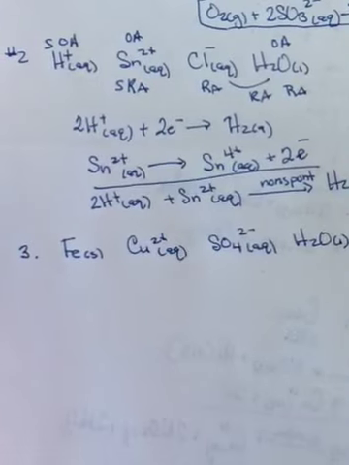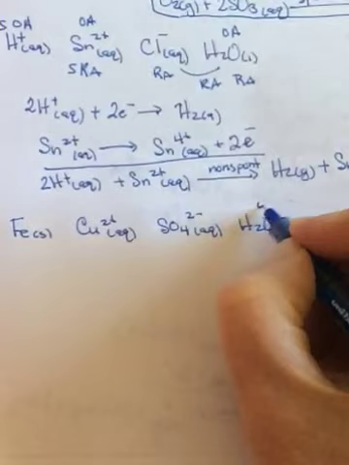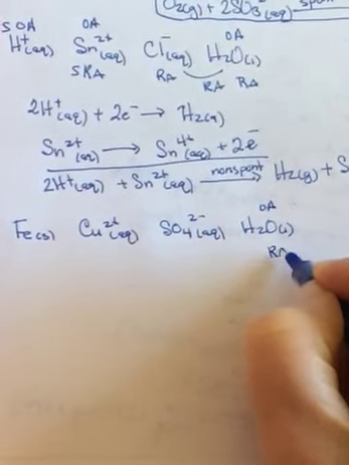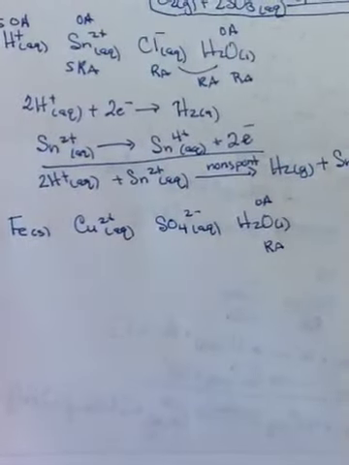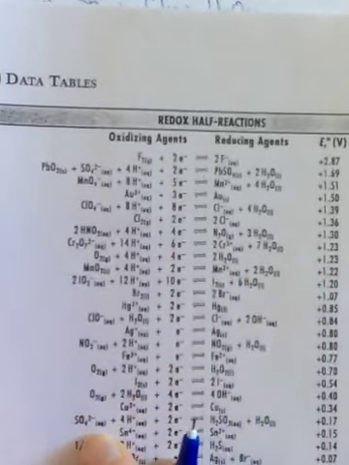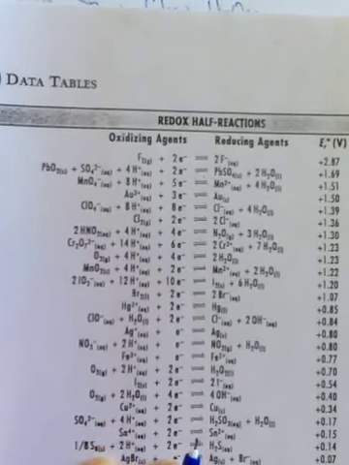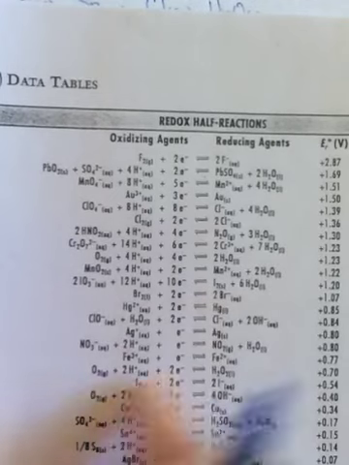All right. Fe solid. Okay, well, let's do the one we know. We know this is OA and this is RA. We did do SO4 before. I'm not sure if you remembered, but we found it on the OA side, linked with water.